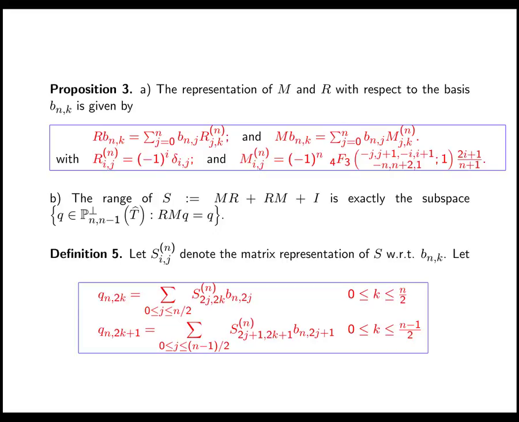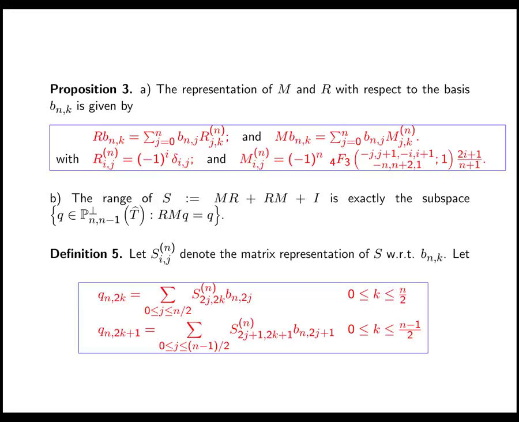Okay, and then I want to be short here, not to run out of time at the end. It is important to understand these type of eigenvalue problems, RMQ equals Q, because these are then exactly the functions which are invariant under these rotations and reflections. Okay, so then it is an interesting fact that these eigenspaces are complicated to compute.